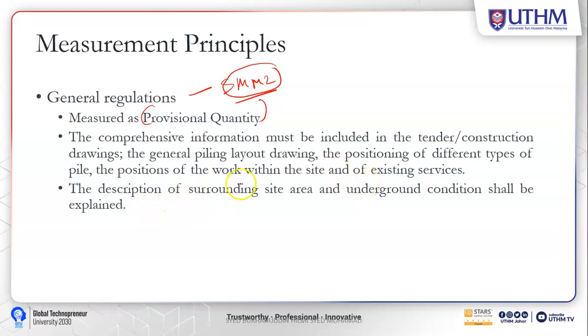The description of the surrounding site area and underground conditions shall be explained. You need to explain it in your take-off form or in the bill of quantity, BQ. You need to describe in detail.